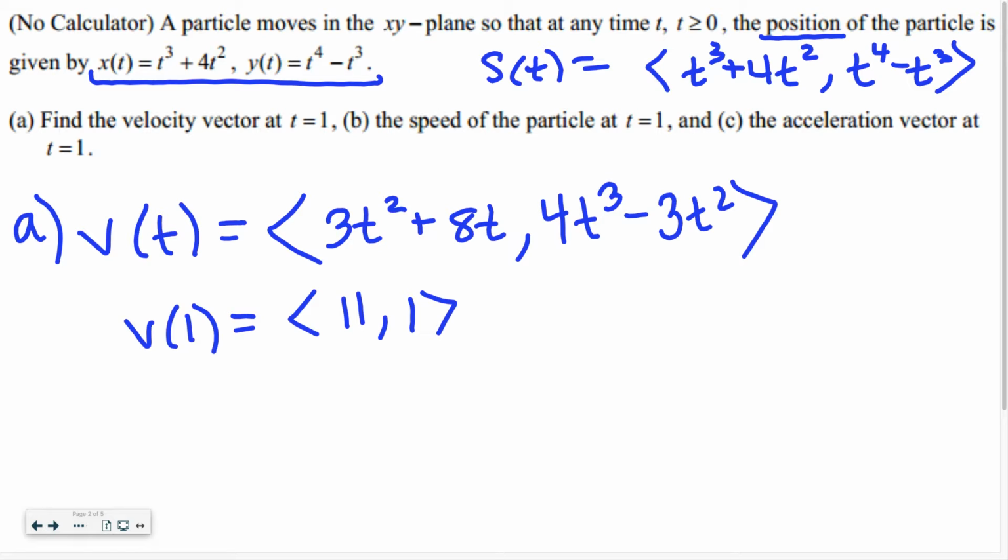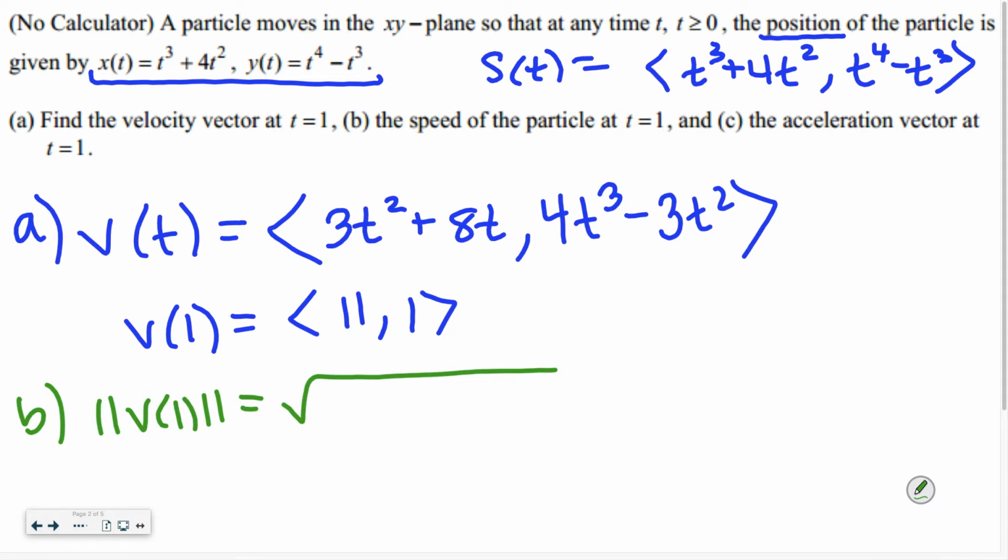So if I want the speed of the particle, less work, I can just find the magnitude of our velocity vector, because the magnitude is doing the same thing as that speed equation we had from before.